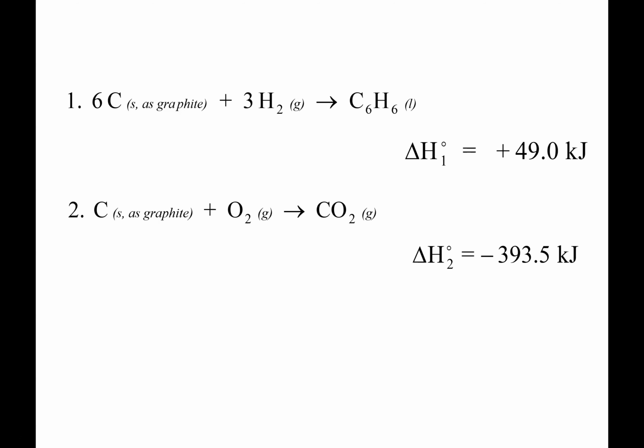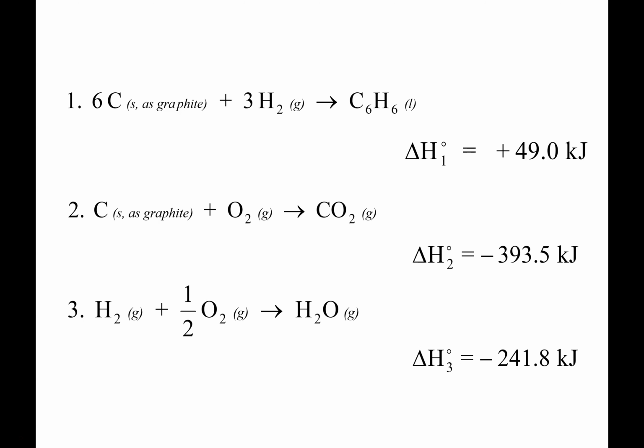CO2, from the elements in their standard states, at standard conditions. This also is the formation of water. If I had my pen, I could take all those ΔH's 1, 2, and 3 and replace them with ΔH°f, because they are the standard molar enthalpy of formation of C6H6, CO2, and H2O.